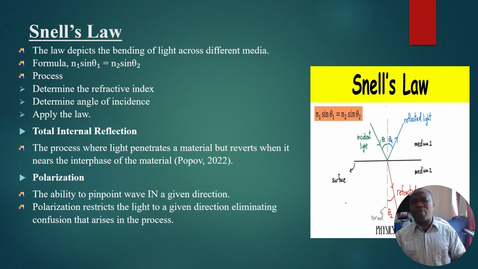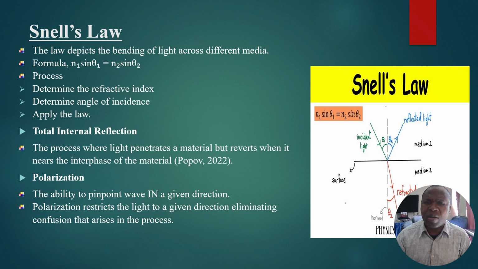Total internal reflection is a phenomenon where light travels through a material but reflects back when it approaches the boundary of a medium. This often occurs at angles greater than the critical angle, resulting in the light being completely reflected within the original medium.